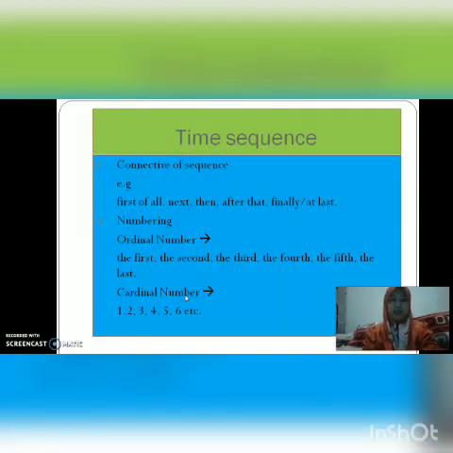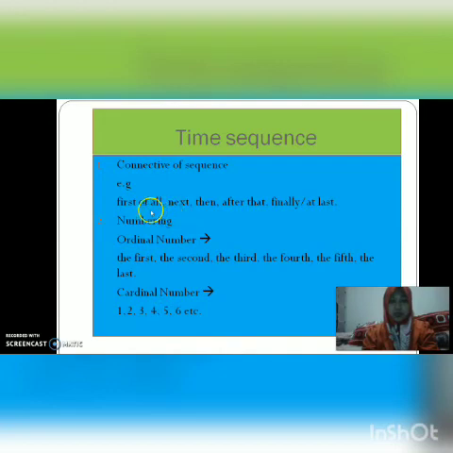Okay, time sequence. There are two kinds of time sequence. The first one is connective of sequence. For example, first of all, next, then, after that, finally, and at last.